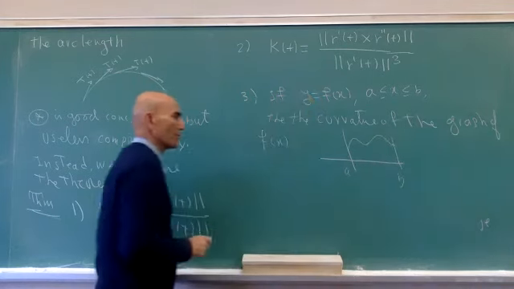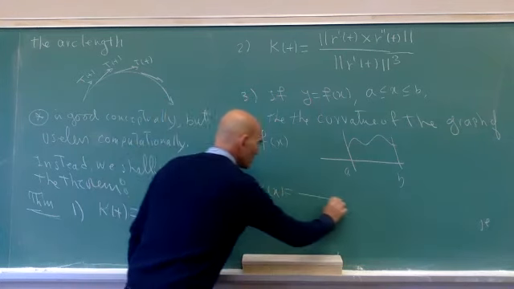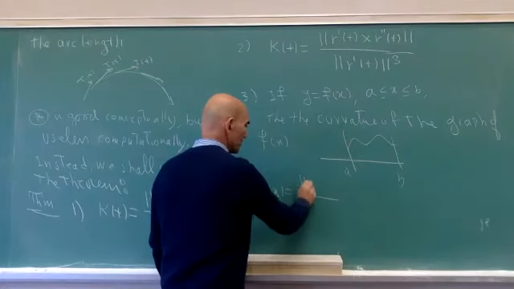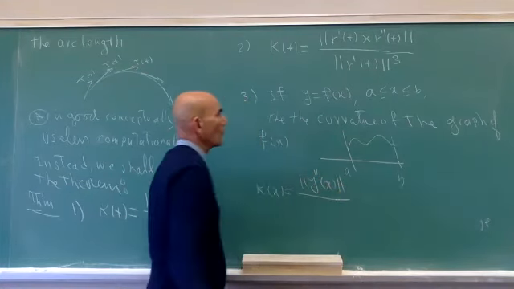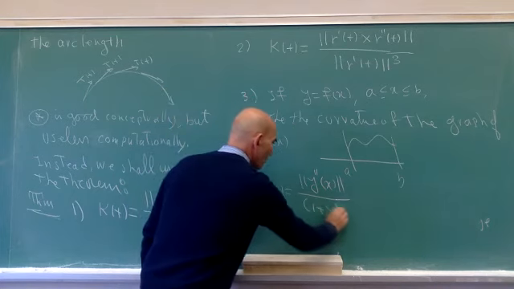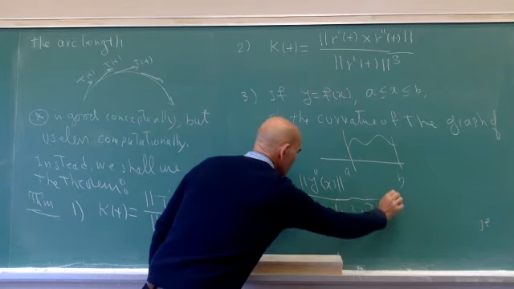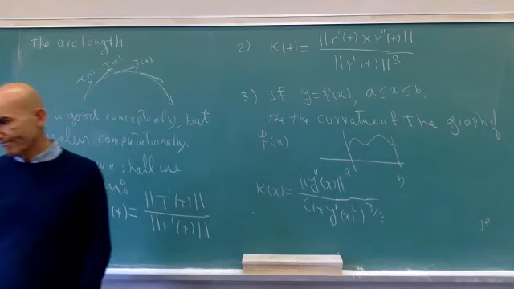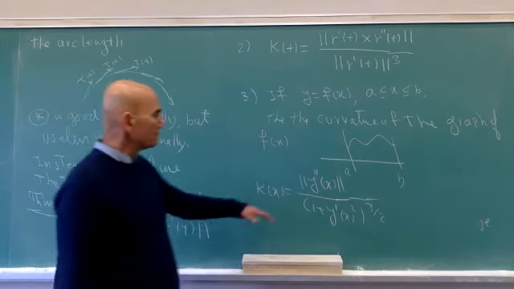So the curvature of the graph is given by kappa at x is equal to, I believe, the second derivative of y, well, y is equal to f of x, divided by 1 plus y prime of x squared to the power 3 over 2. Okay. So we have these three results.